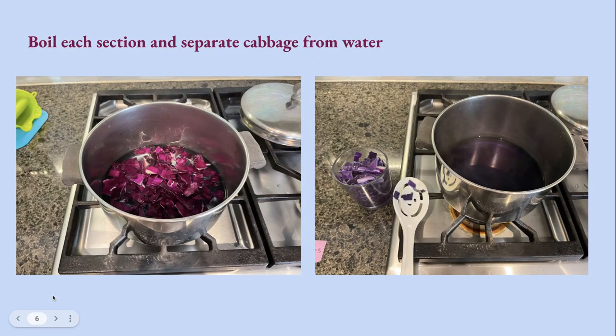The next step would be to boil each section of leaves, and all for the same amount of time. And I used a timer for this. And then once you see this nice purple color, then you separate the cabbage from the water.